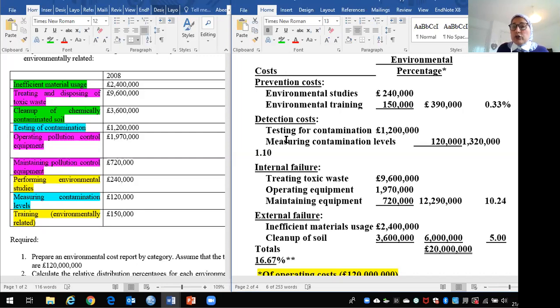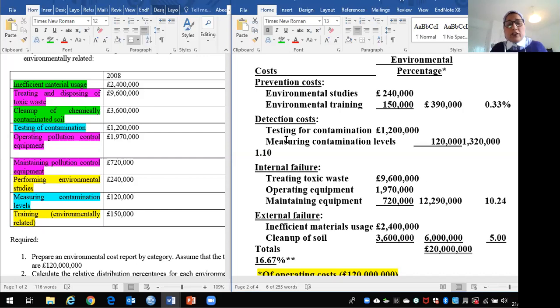What we really need to do is list all the figures here. 240 for environmental studies, and 150 for environmental training. Again, I get these figures from the question. If you add them together, this is 390, and then the percentage is 0.33. Where did I get 0.33?